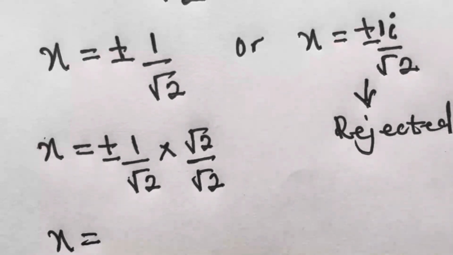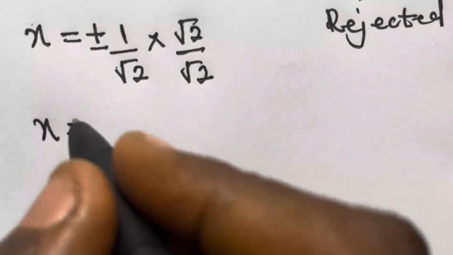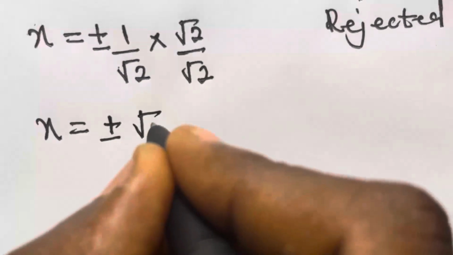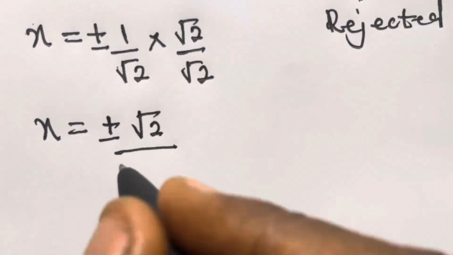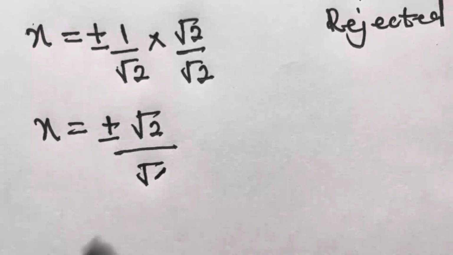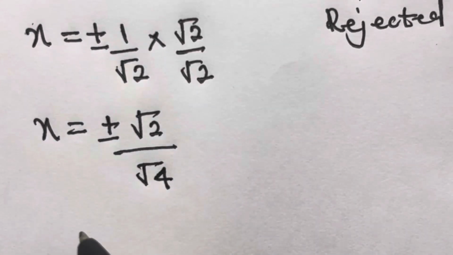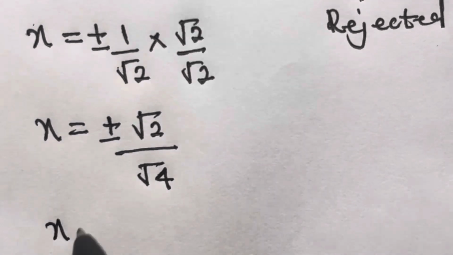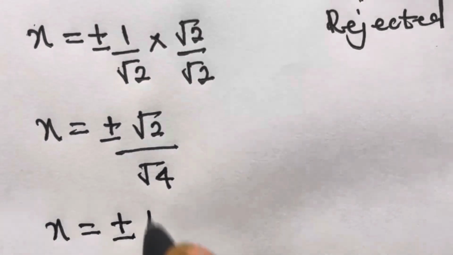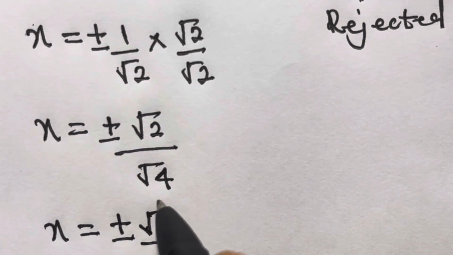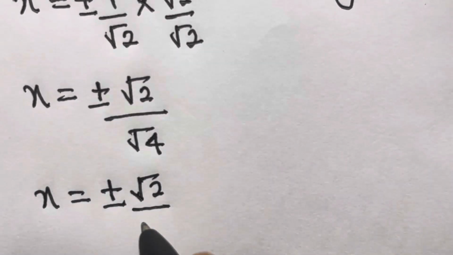We have x equals 1 times the square root of 2, plus or minus the square root of 2, and the square root of 2 times the square root of 2 gives the square root of 4. So now we have x equals plus or minus the square root of 2 divided by the square root of 4, which is 2. So we have our value of x to be plus or minus the square root of 2 divided by 2.